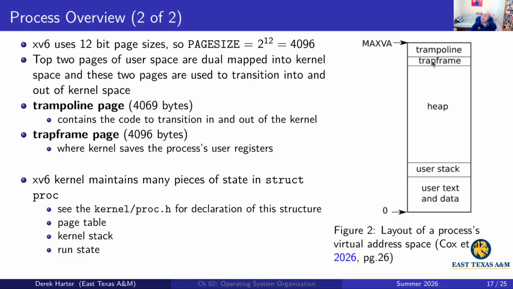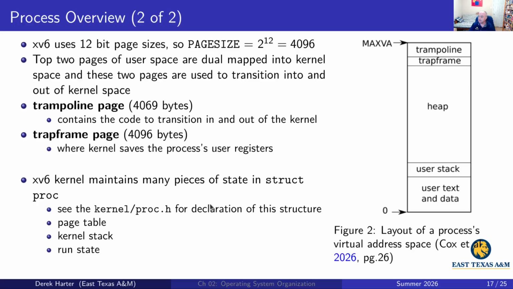And that's essentially what's in the trap frame here. This saves all the data, especially those user registers, when we're about to transition and possibly run another process, and then when we're transitioning back to restart the process, these get restored from the trap frame back into the RISC-V registers. Okay?